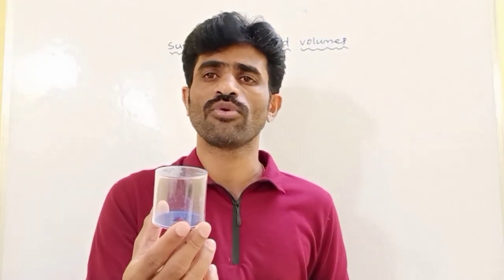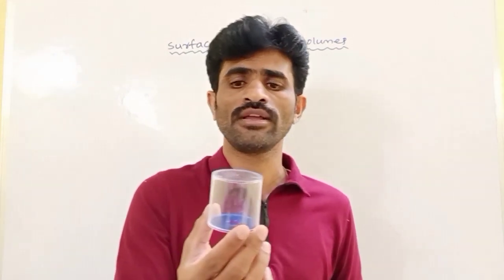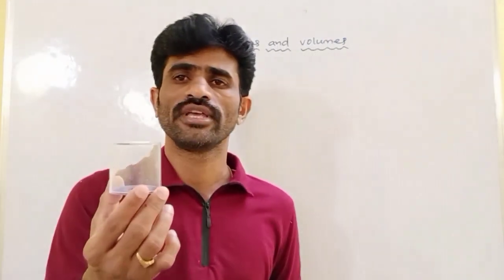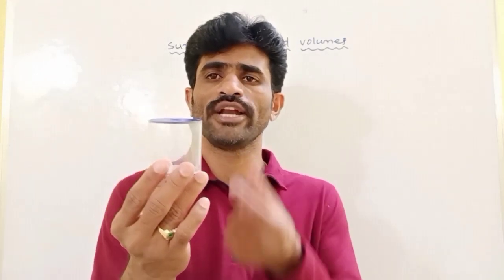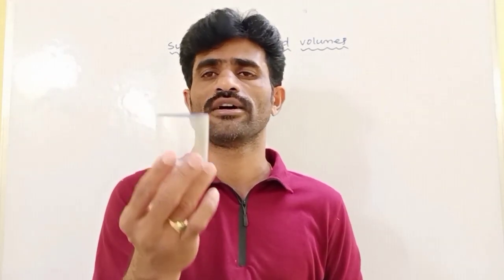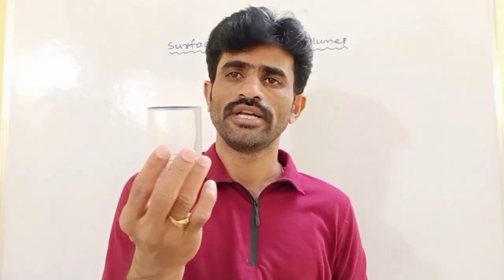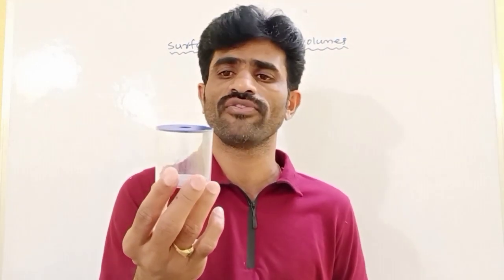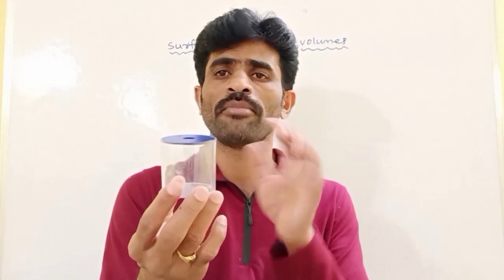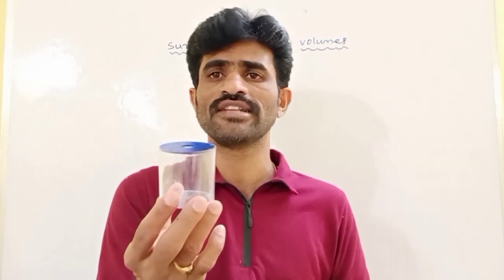How much water is left over in the cylinder? Initially the cylinder is completely filled with water and you insert a toy inside. Then you find the volume of cylinder minus the volume of the solid which you insert inside.